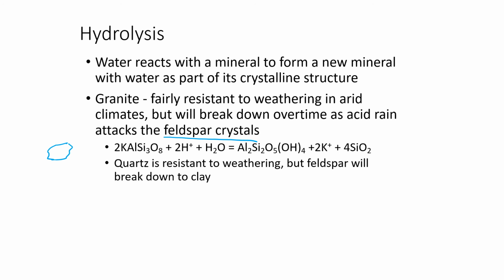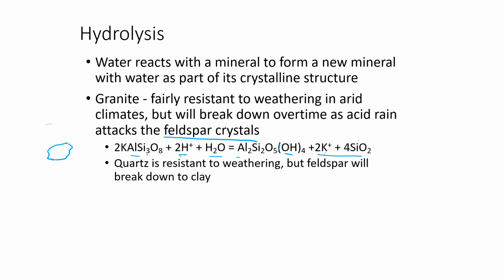So this is the feldspar, the 2KAl potassium aluminum silicate here, plus hydrogen ions and water will break that down into aluminum silicate oxide with water. That's the OH part here, and some potassium ions and some silica.